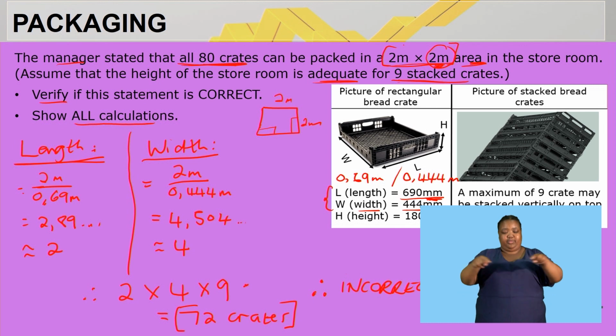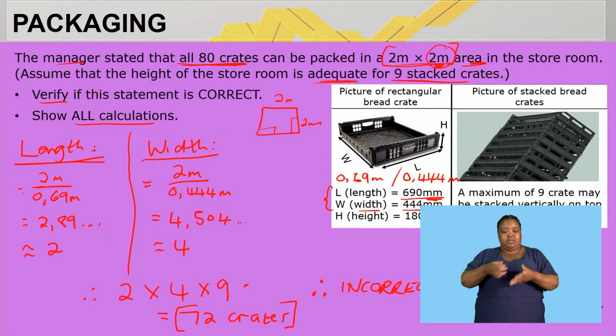Then in terms of the width, I took the width of the room, which is also 2 meters, and I divided that by the width of the crate, which is 0.444 meters. Ended with an answer of 4.504. Then again, I rounded down to 4. Thereafter, I took my 2, multiplied it by the 4, and then multiplied it by 9.